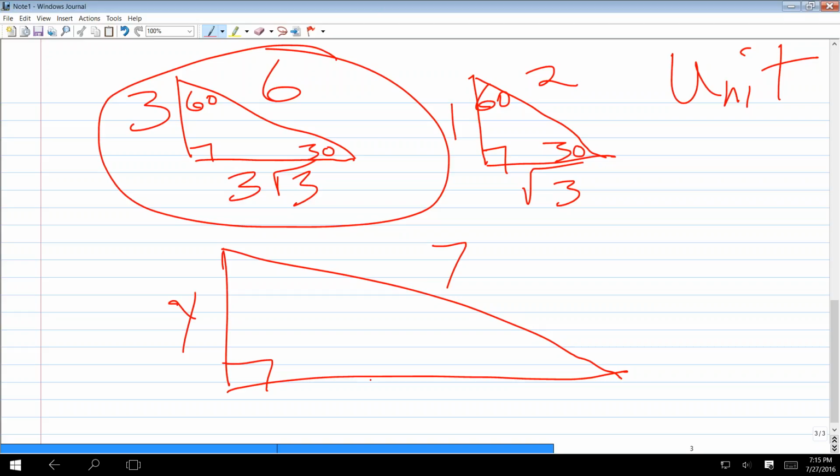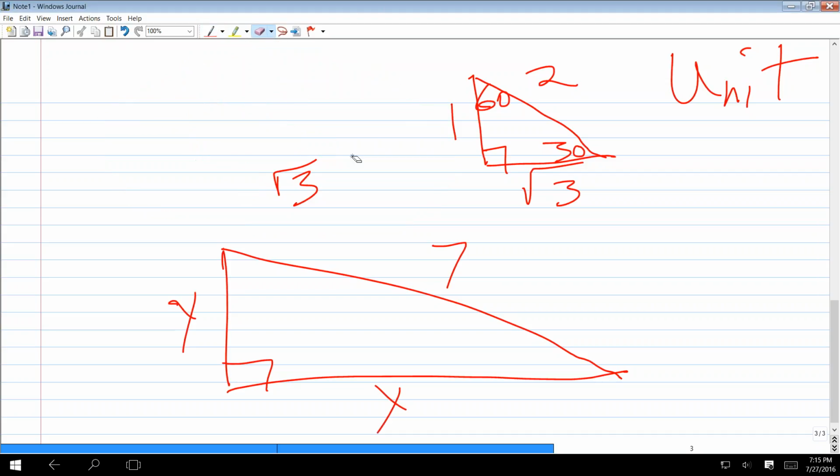What is y and what is x? First of all, you always have to answer the question, what is the similarity ratio?